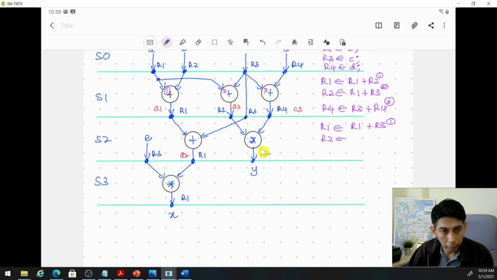Here R2 is R2 multiplied by R4. And we have another operation here. We transfer E into R3.